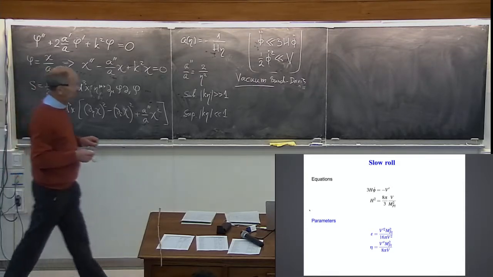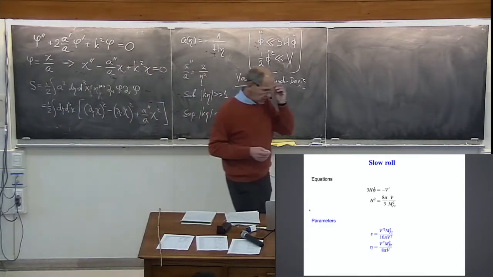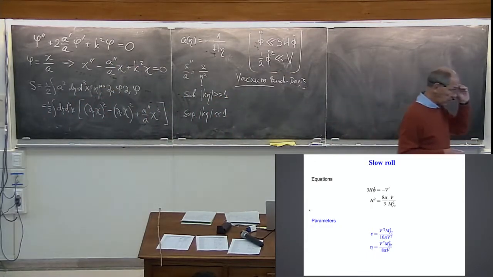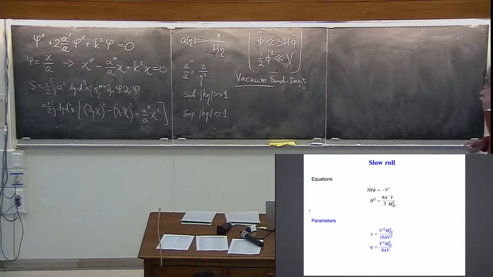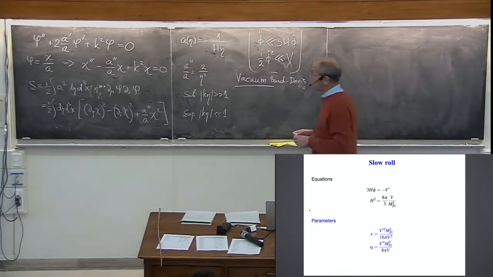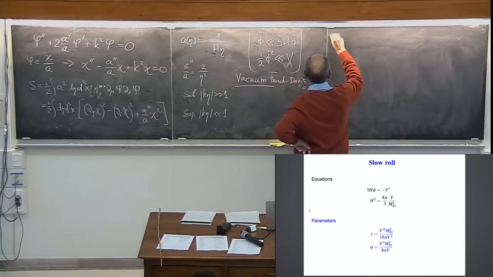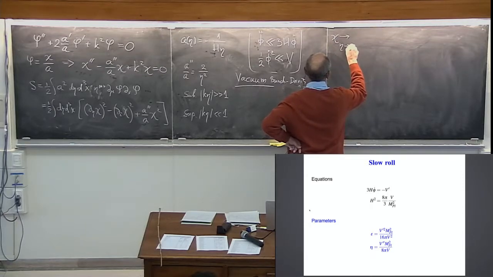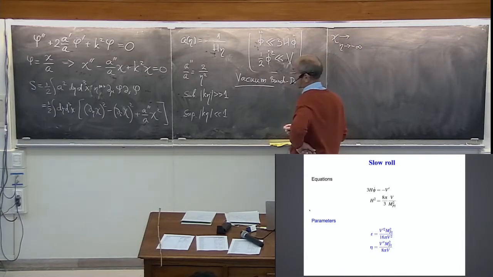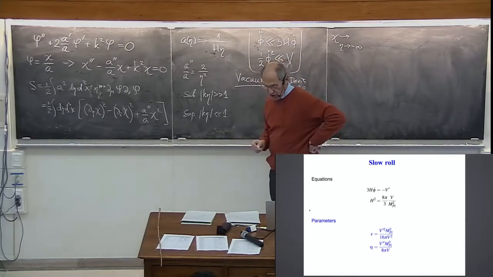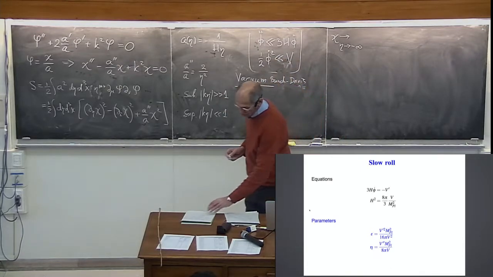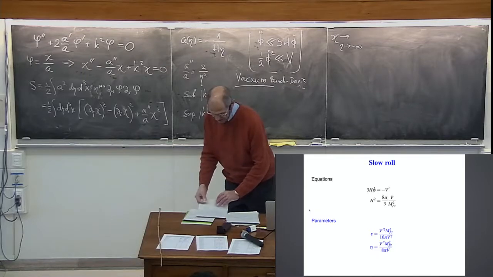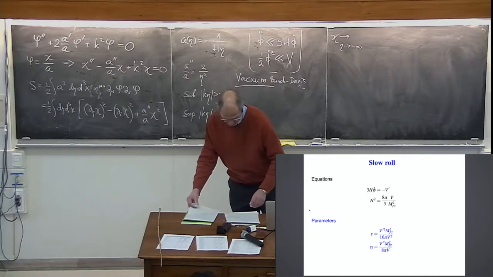Okay, anyhow, that's the language I'm going to use. I'm going to use the language of a field rather than particles. But in any case, the initial condition is this, right? Your chi initially, as eta goes to minus infinity formally, and physically in the subhorizon regime, should go to a free massless scalar field, right?